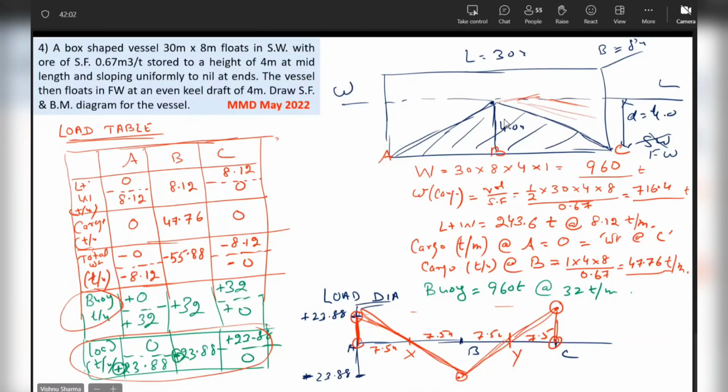Buoyancy, okay. The buoyancy was not part of the load, beta. Okay, so now with this load diagram, we go to the next page and learn how to close out with SFBM.